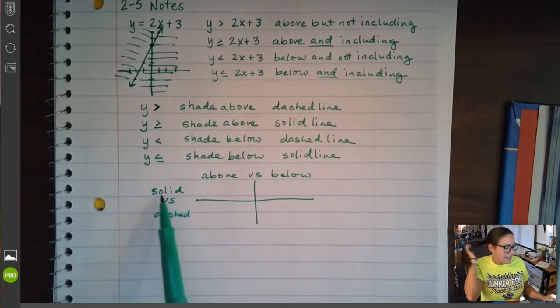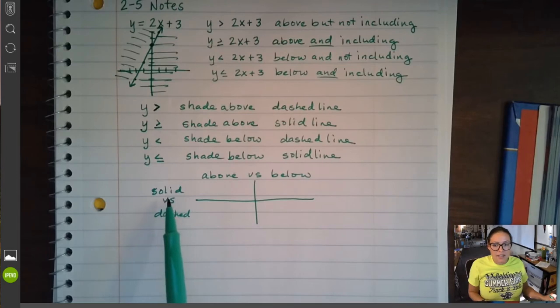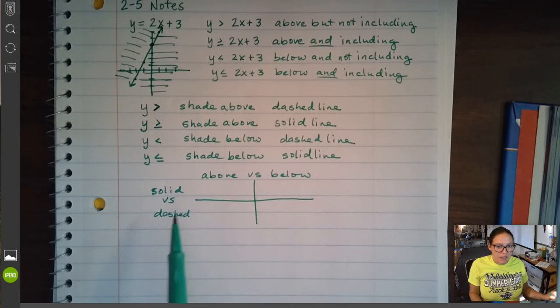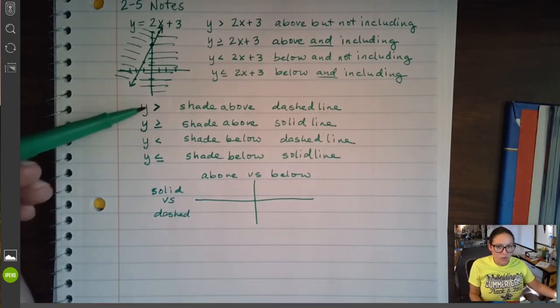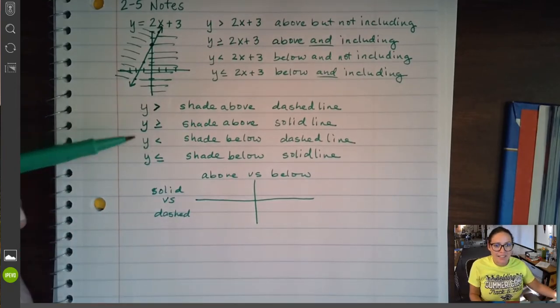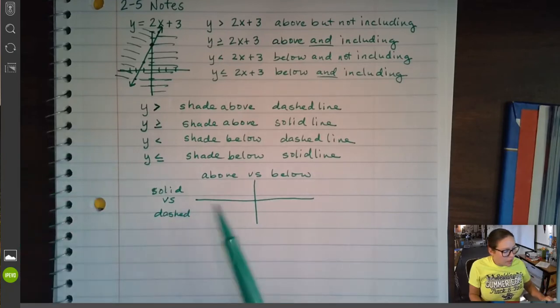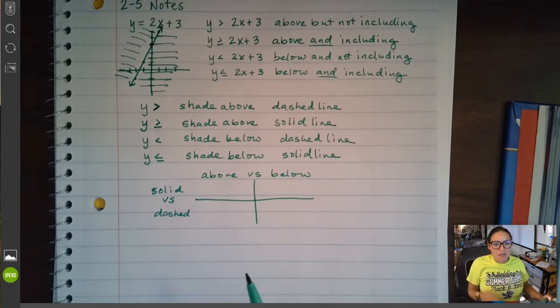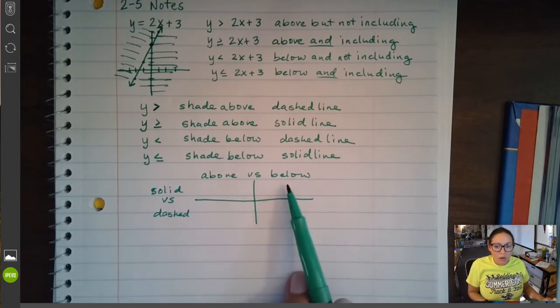So if it's a solid line, those are going to be our or equal to's, because it's including it, or equal. Dashed are going to be the just greater than or less than, because it's not including the line. Above we're higher up, we have bigger numbers, so that's going to be the greater thans, and below is going to be the less thans.